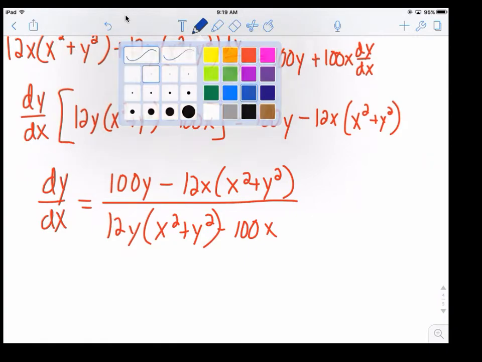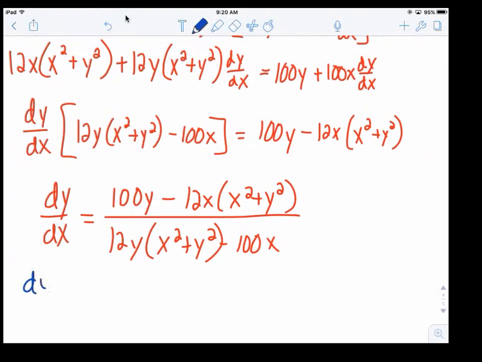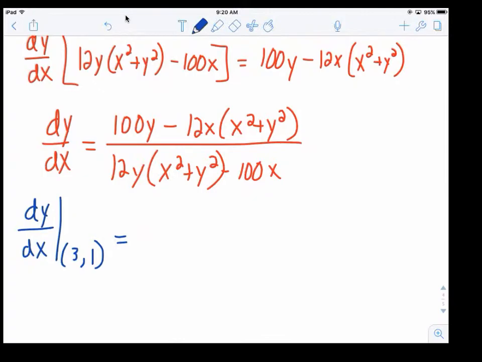So to evaluate, you need to figure out what the tangent line is. So you need the slope. So you get the slope from this. Now what point are we using? Okay, so dy over dx at 3, 1. So anywhere you see a y, you replace with 1. Anywhere you see an x, you replace it with a 3.